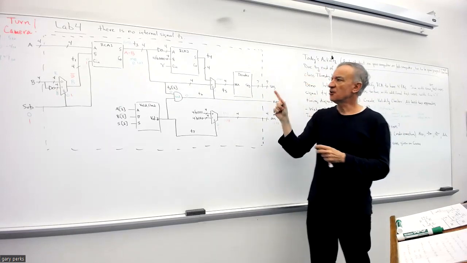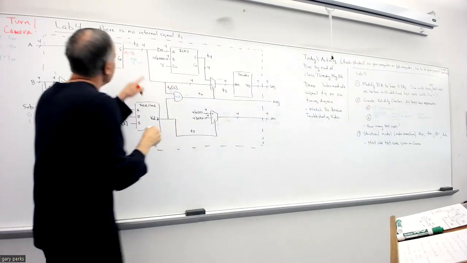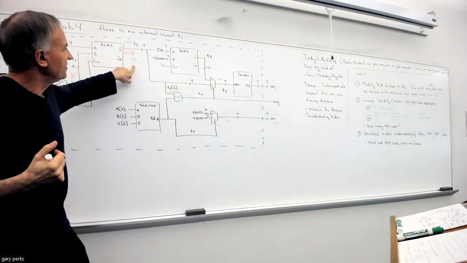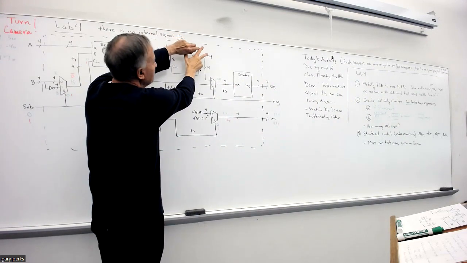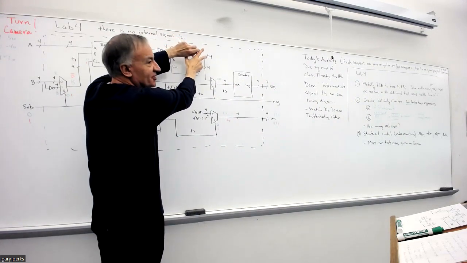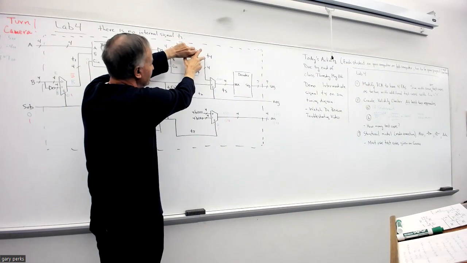Okay, so if the result of this first RCA is a positive number, this part of the circuit is not involved. Okay, you'll see when this part of the circuit is involved in just a second.